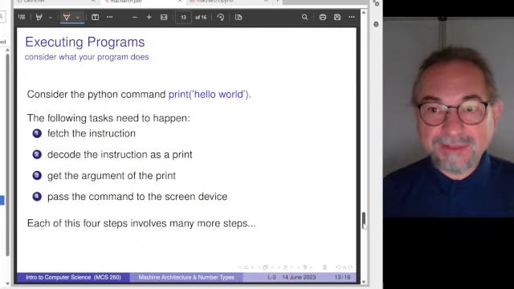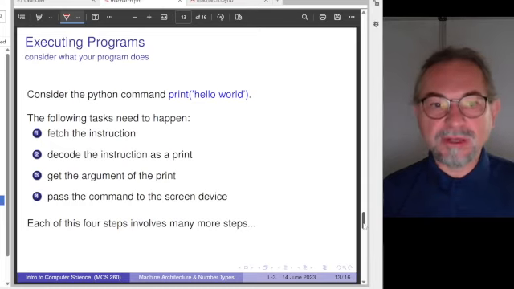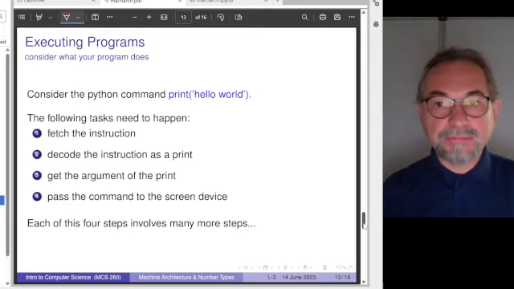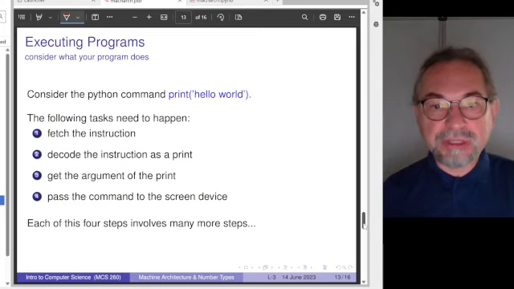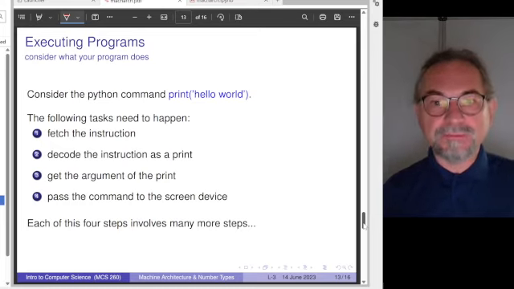But if you think about it in the von Neumann world, what actually needs to happen is the fetch, the decode, and then the execution. So we had the Python virtual machine as the image that we have. Below the Python virtual machine, there is a lot more that is involved.